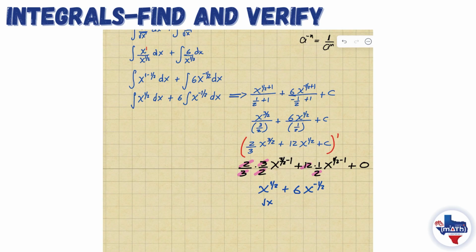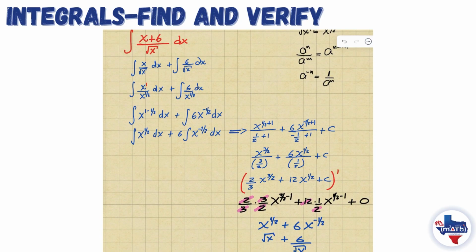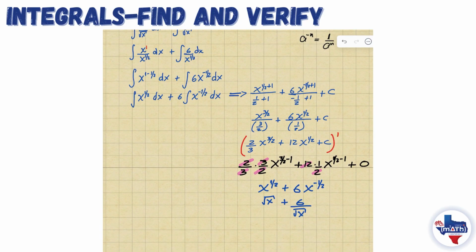So we'll have the root of x plus 6 over the root of x. If we process this, if we combine this algebraically, we'll end up on the same answer that we have above. Okay, let's do that so we don't have any doubt.